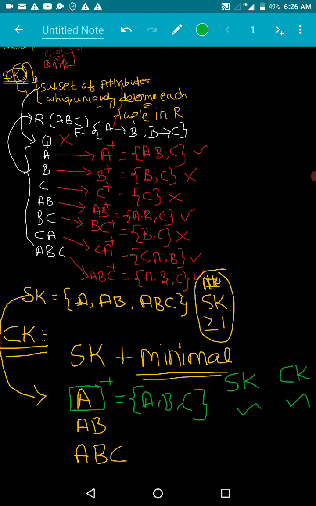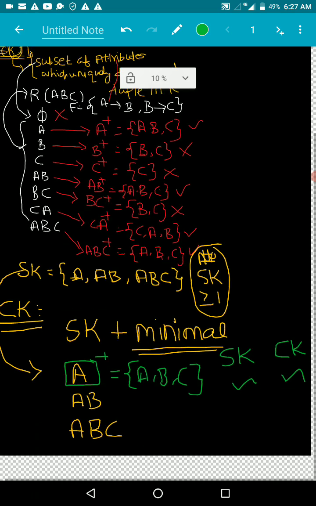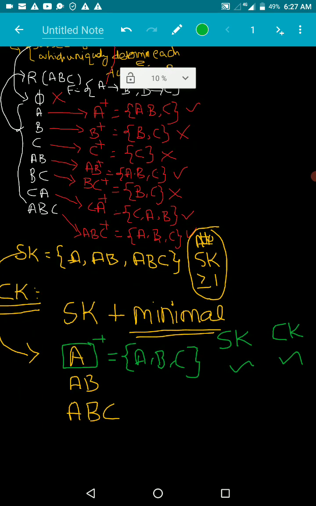Sir, how is A a candidate key? Because we cannot eliminate any attributes from the super key A. A is a single attribute, so how can we eliminate other attributes? Now we are checking the super key AB.